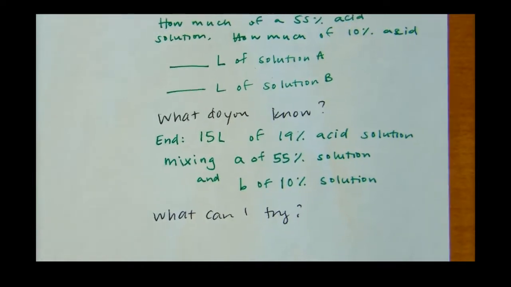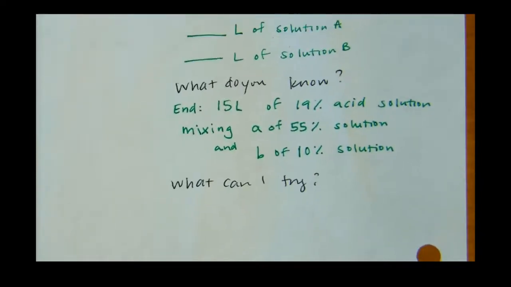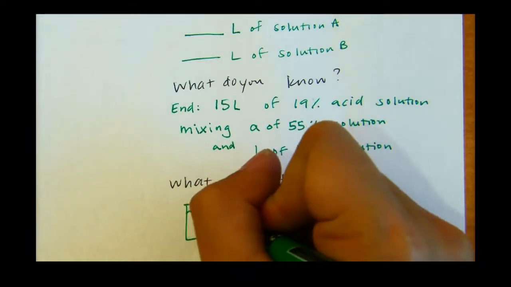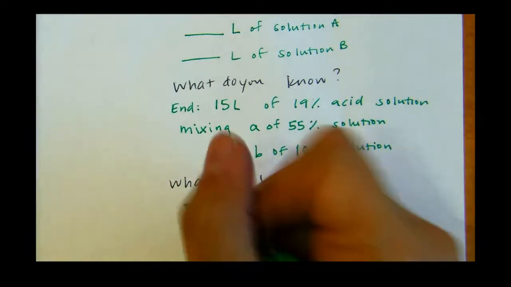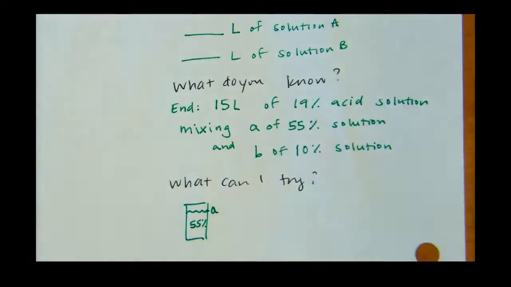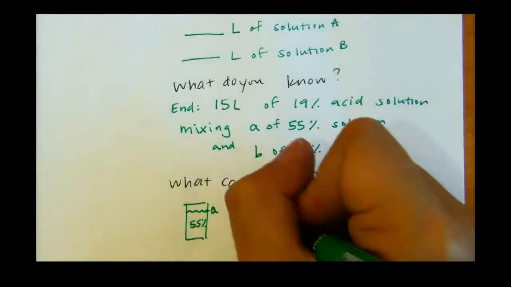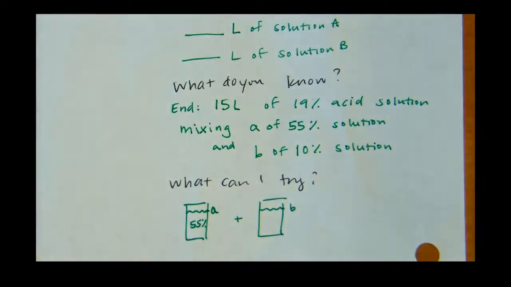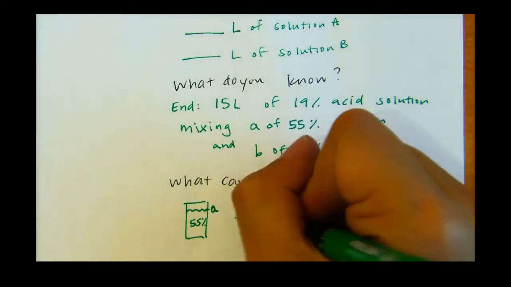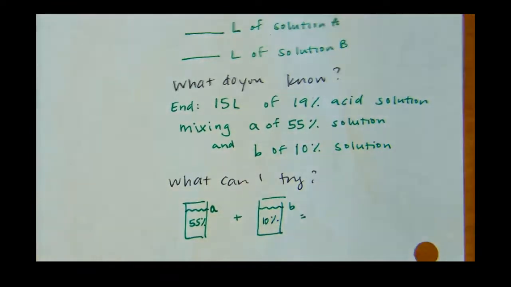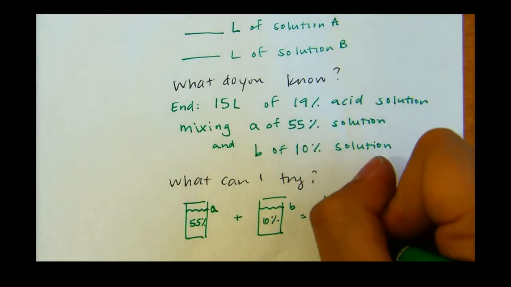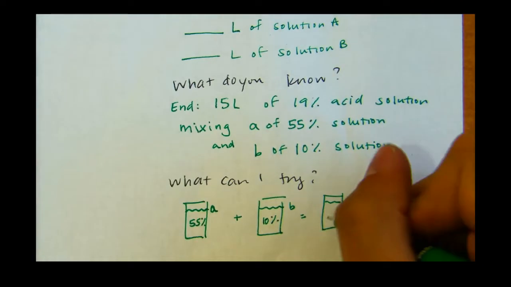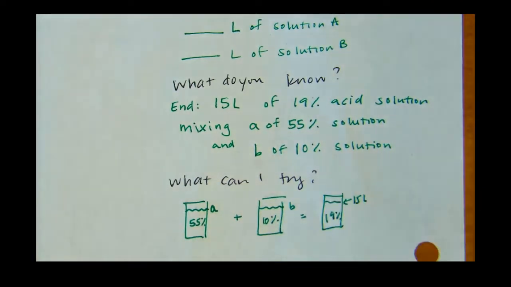If I draw a picture to go along with this, similar to the last one, I'm taking some amount, I'll label it A, of a 55% solution, and mixing that with some amount of solution B, which is a 10% acid solution, so that in the end I've got 15 liters of a 19% acid solution.